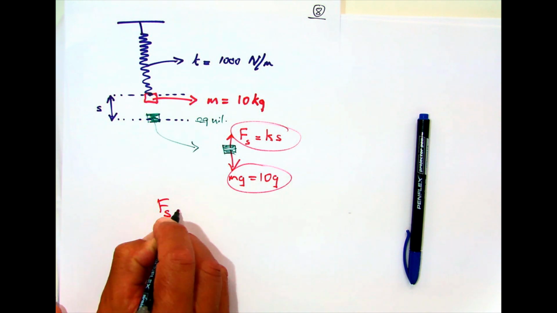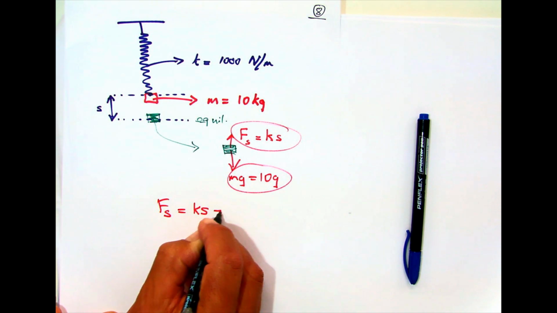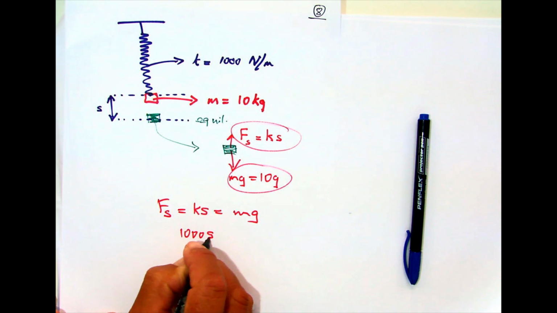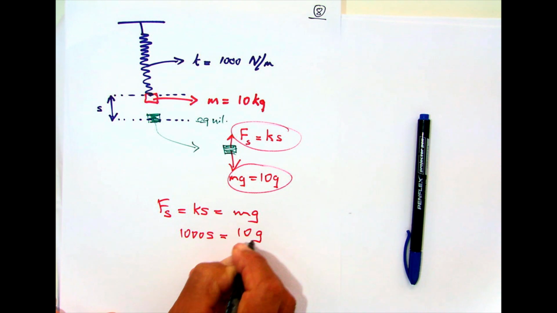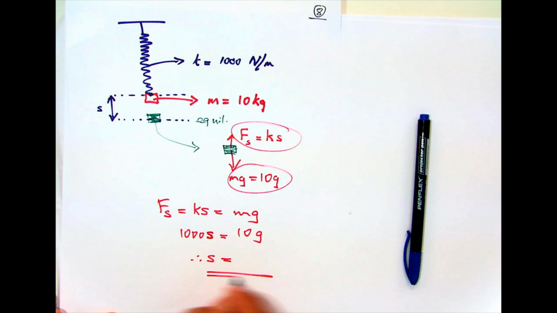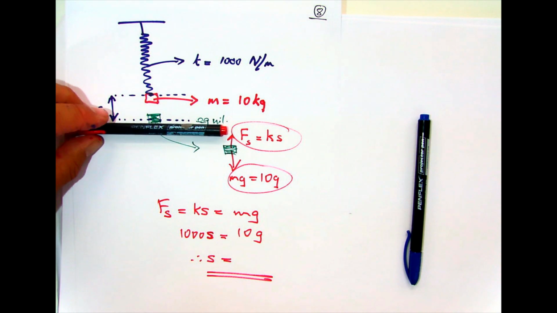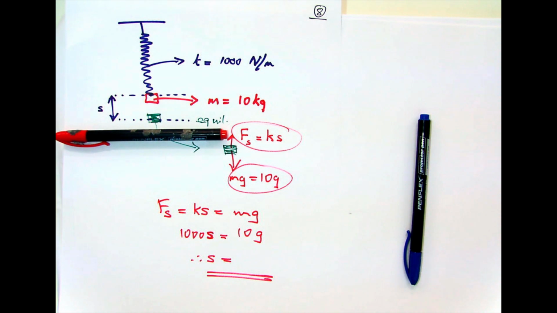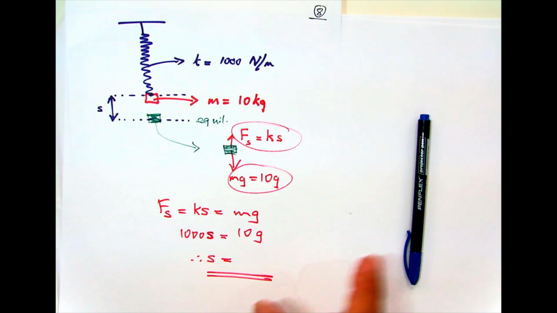So Fs equals Ks is mg. K is 1,000 and mg is 10g. And so now you can solve the distance s. What was that extension? So you always look at the point of equilibrium and you say, why is it in equilibrium? Because there's a downward force, the weight, and there's an upward force, the spring force. And they should equal each other, and when they equal each other, then you can solve it from there.